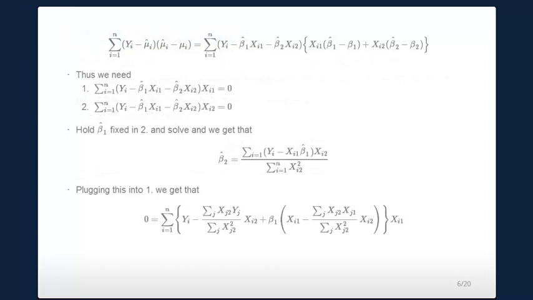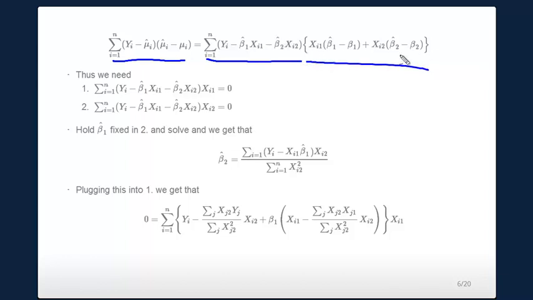That's why we did it that way when we did linear regression, so that we could just use the same equation here. Okay, so there's our equation. Now let's just plug in what mu i and mu i hat are, and you wind up with this statement: yi minus beta 1 hat xi1 minus beta 2 hat xi2 times this guy.